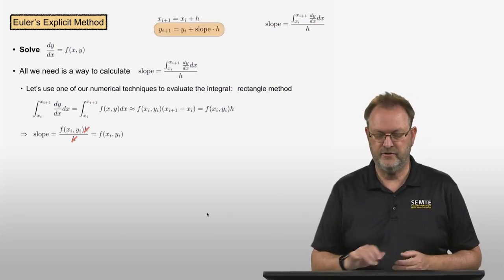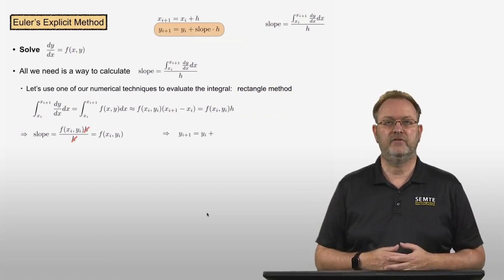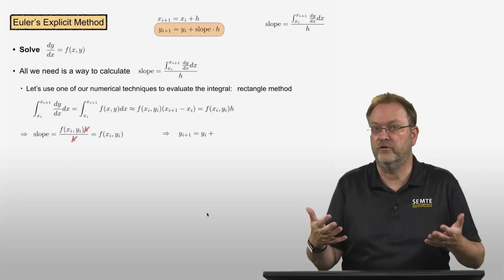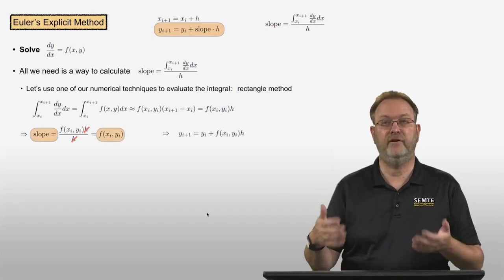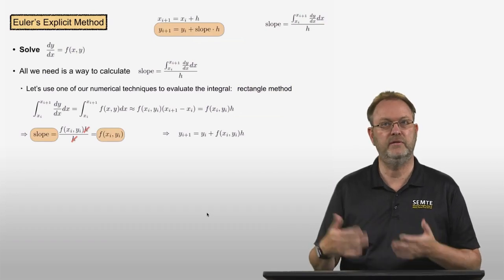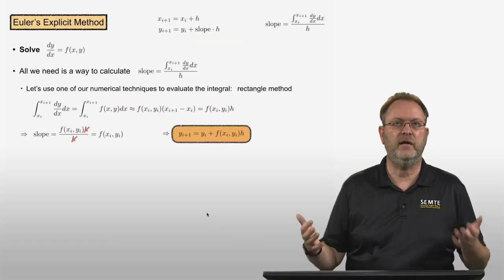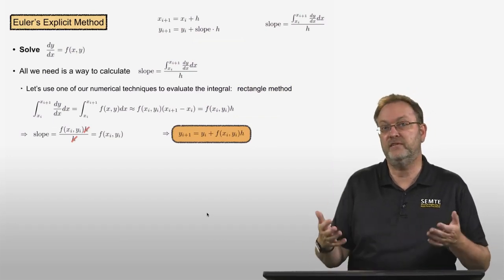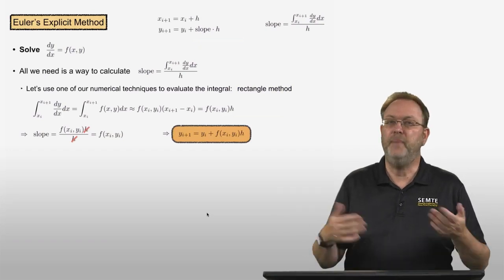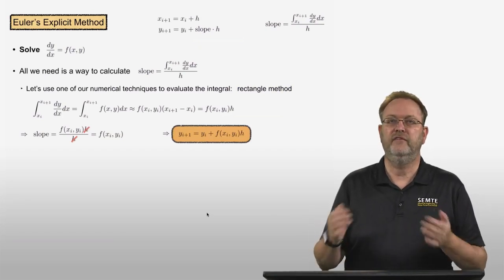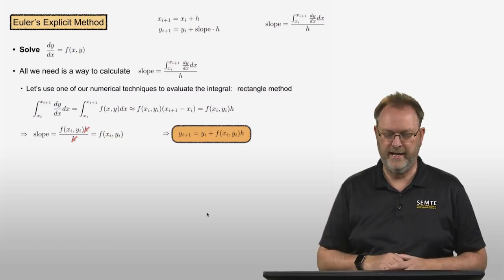So let's plug this into the equation, which means that the new dependent variable y_i plus 1 is equal to the old value y_i plus the slope, f of x_i y_i, times the step size h. And that is Euler's explicit method. It's the recipe to calculate the new value of the dependent variable, knowing the value of the dependent and independent variable at grid point i.